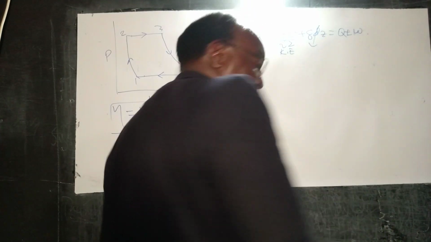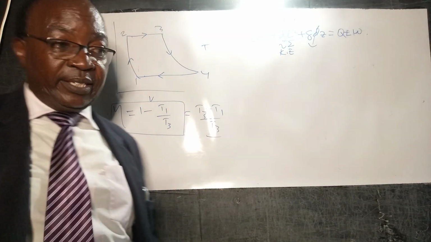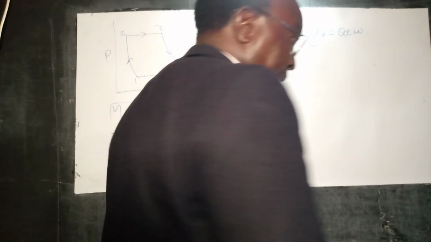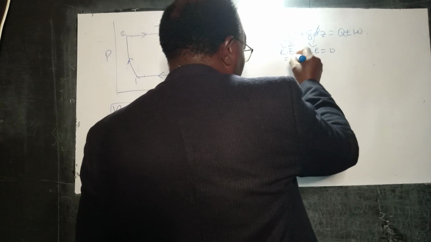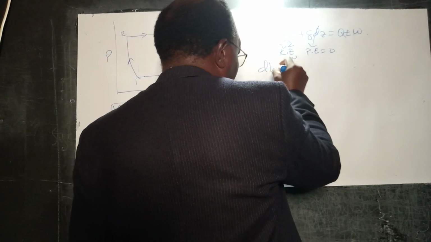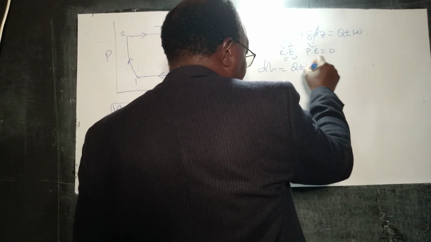Potential energy, we can ignore because there's no significant change in position from a datum level or some reference position. So we can also assume that it's 0. So dH is equal to Q plus or minus W.